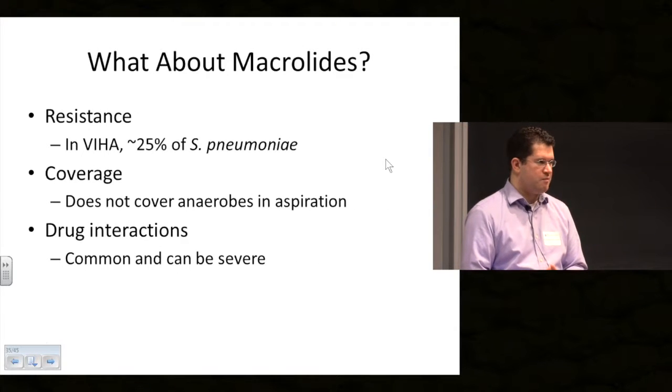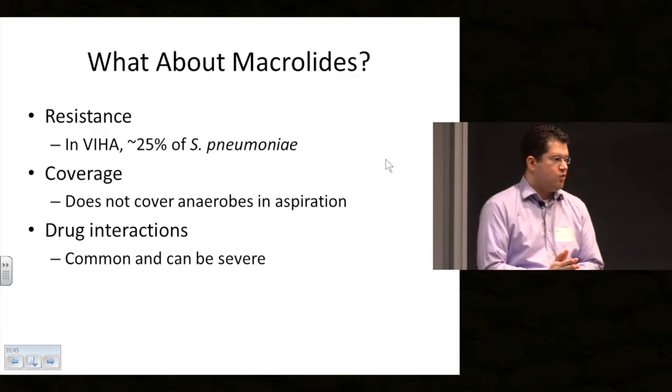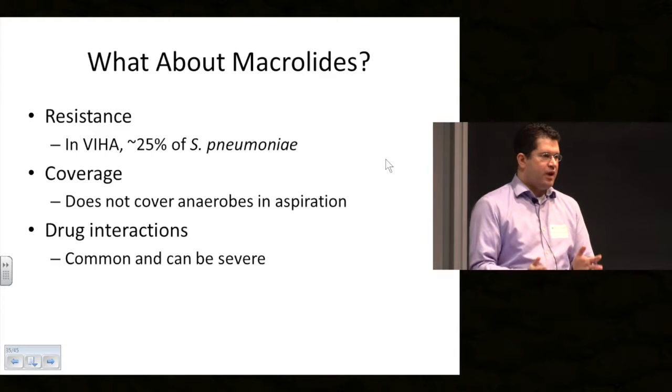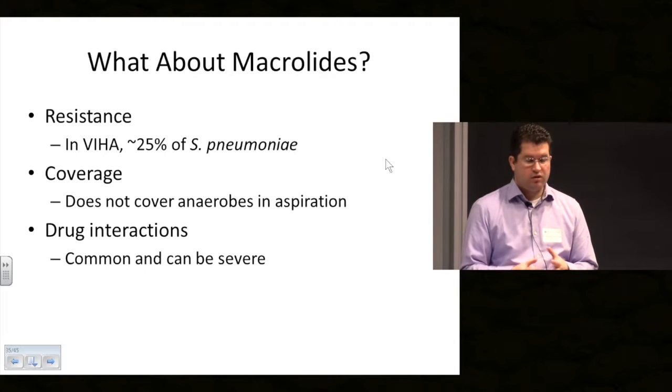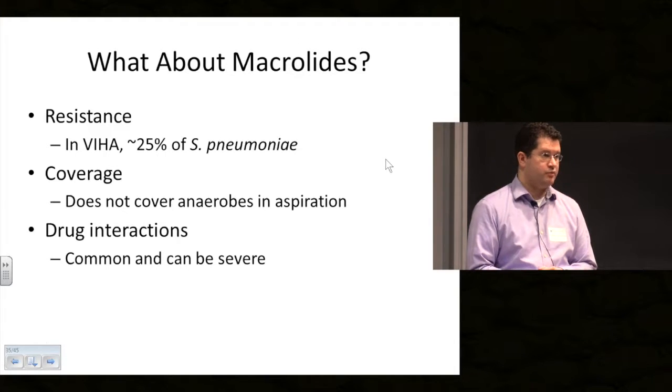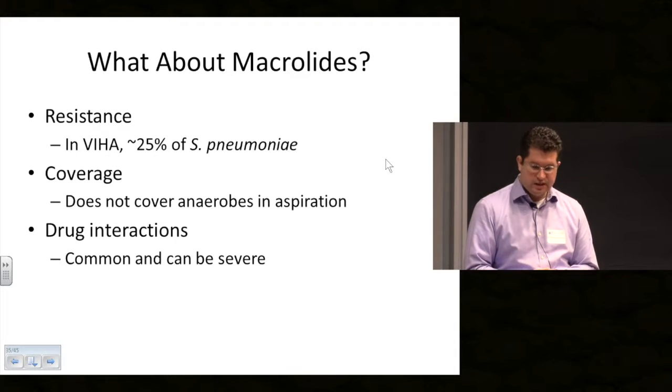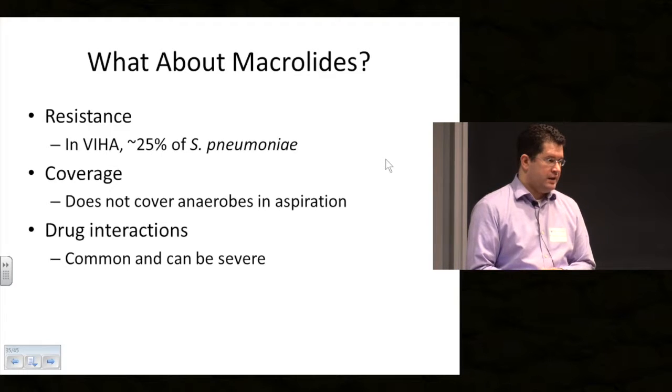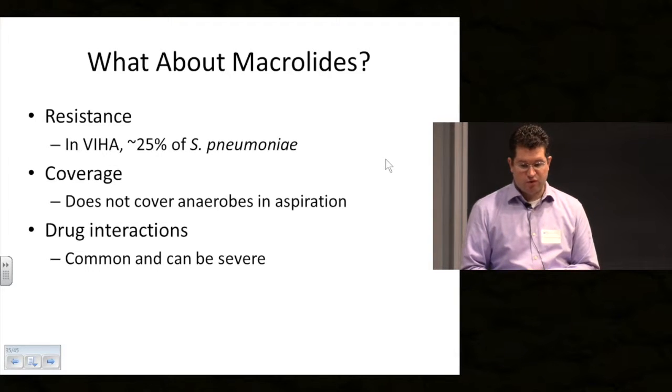So if you notice, I didn't mention macrolides. When you look at the antibiogram for Streptococcus pneumoniae in VIHA, about a quarter or more of our strep pneumo is macrolide resistant. It doesn't cover the anaerobes in aspiration. It's not very good for E. coli or Klebsiella. It's not really a great staph drug most of the time.